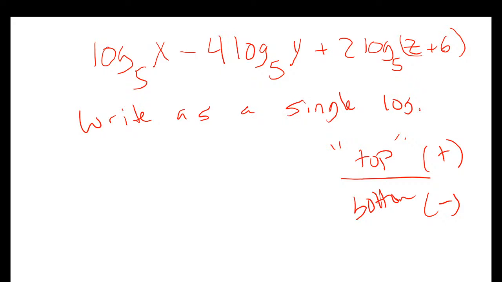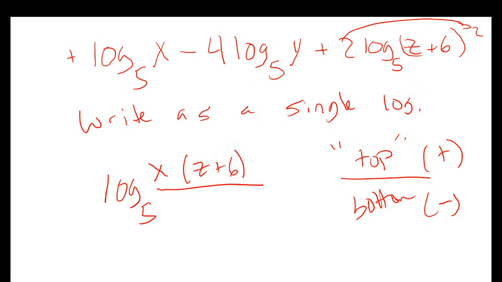All right. So we're gonna go log 5, and then we just draw this line. All the pluses go on top. Any number out front goes up as an exponent. And all the negatives go on bottom.